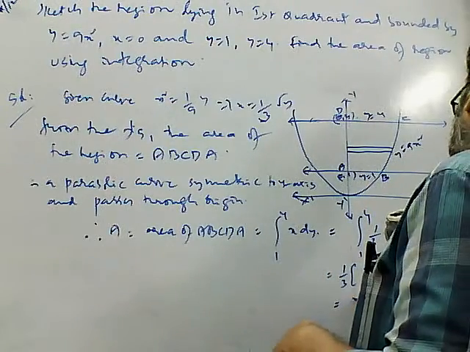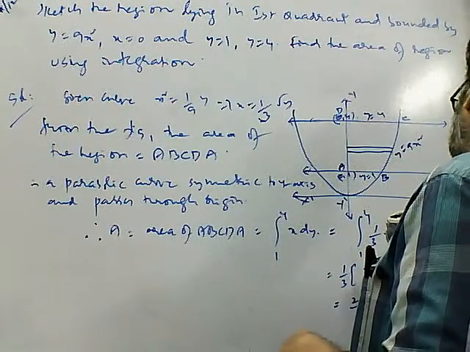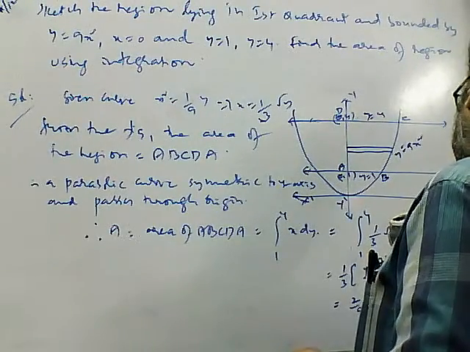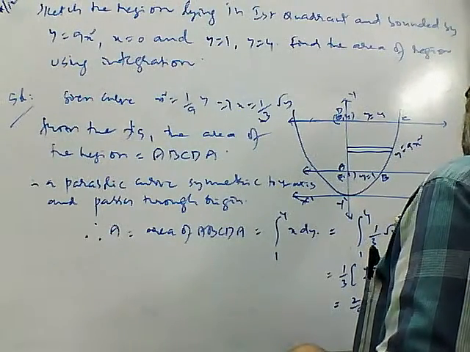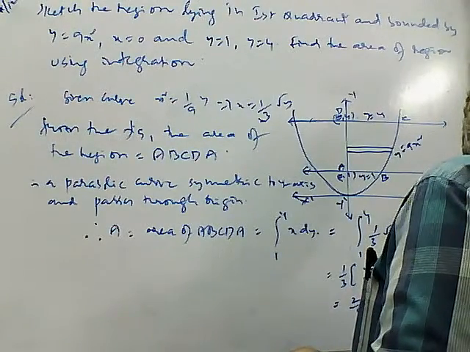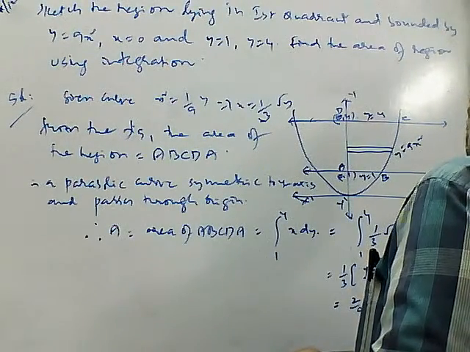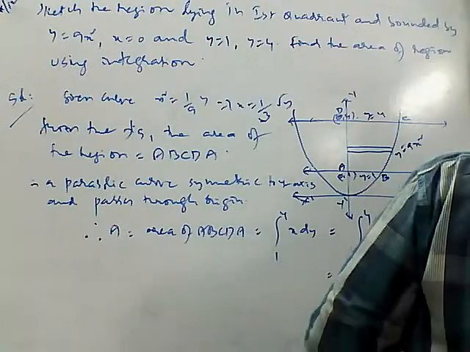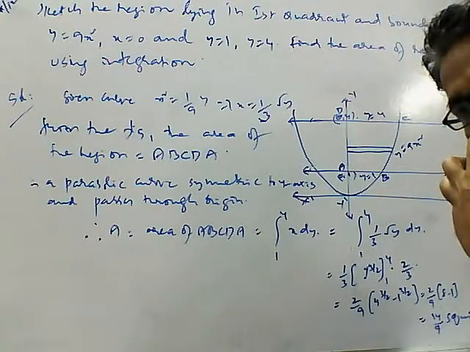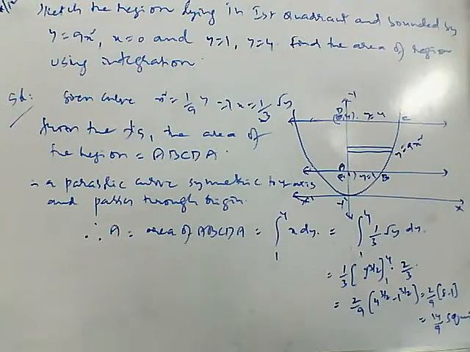That is equal to 2 by 9 into 4 power 3 by 2 minus 1 power 3 by 2, which is 2 by 9 into 8 minus 1, that is 14 by 9 square units. Like this you will get. Are you clear? This way you will get 14 by 9 square units.